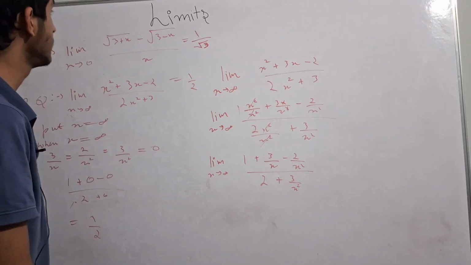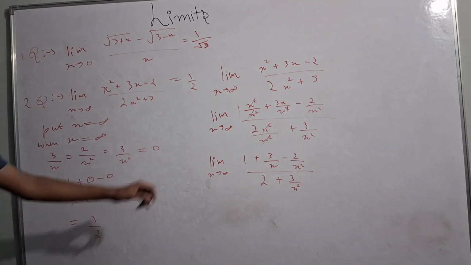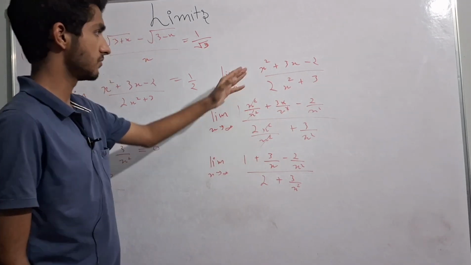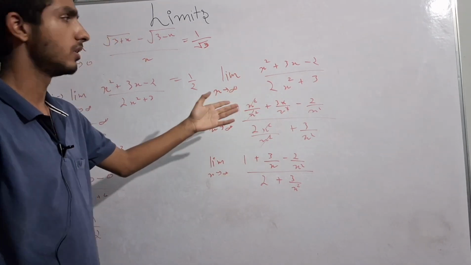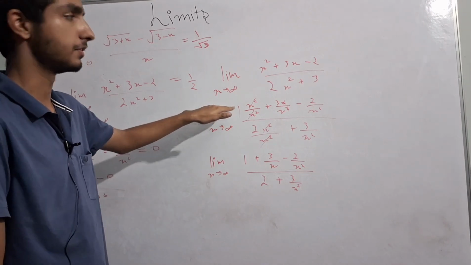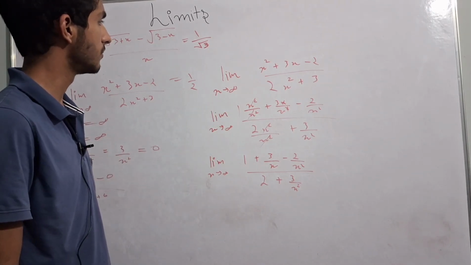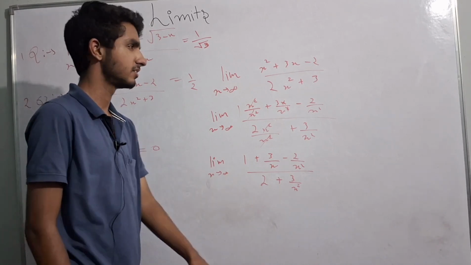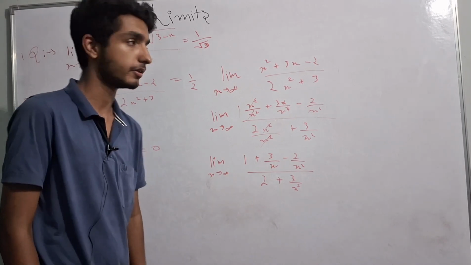So basically, in this, what we had to do, we had to eliminate x square from at least one term, so we get a whole number or a real number, because we did not want to put infinity over here. It just depends upon the quotient which we are doing.